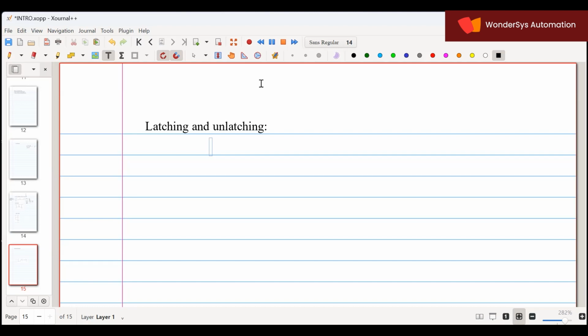So, what is the best example we can use for latching and unlatching? Not how we exactly do it in the ladder diagram, but where exactly this latching and unlatching will come into the picture.